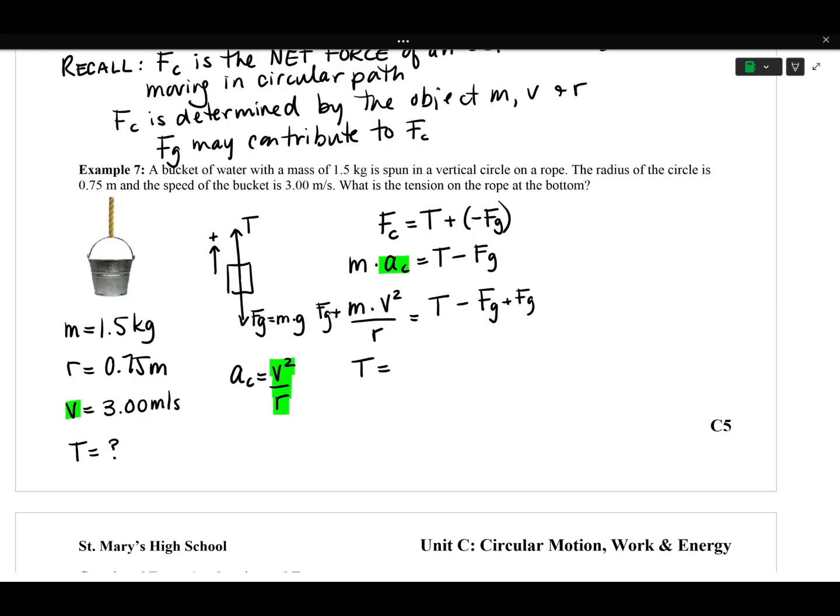So now for tension, I have to add force of gravity to both sides. So now it's going to be mass times v squared all over r plus the force of gravity. And then I can say mass times v squared all over r plus m times g.